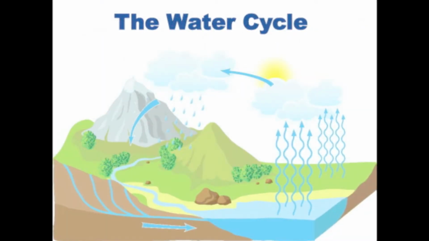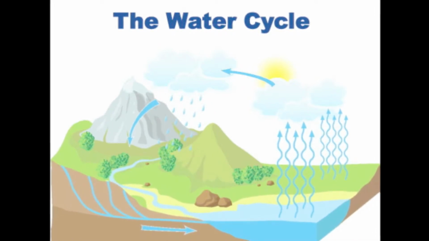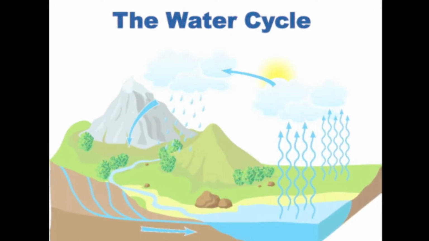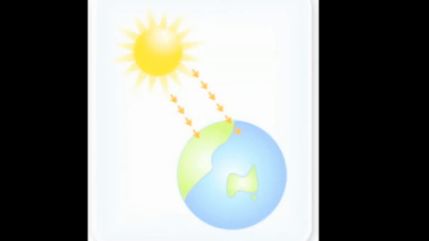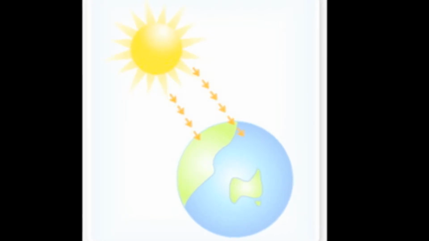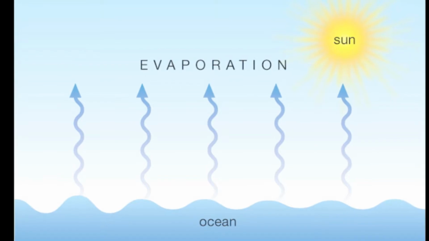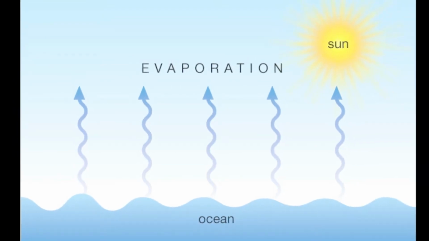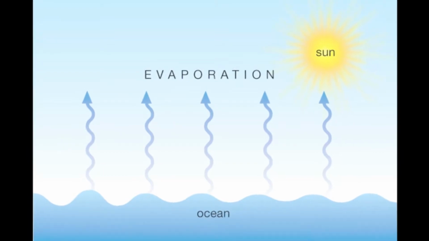The water cycle is an ongoing process that continues to go around and around. That is why it is called a cycle. It has no start and no end. The heat of the sun provides energy to make the water cycle work. The energy from the sun transforms surface water, like rivers and lakes, into water vapor in a process called evaporation.